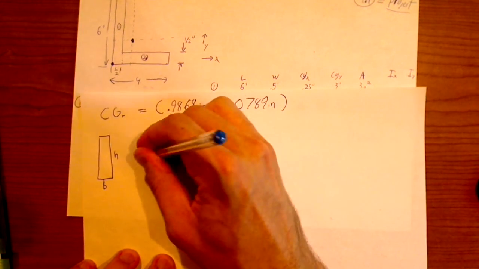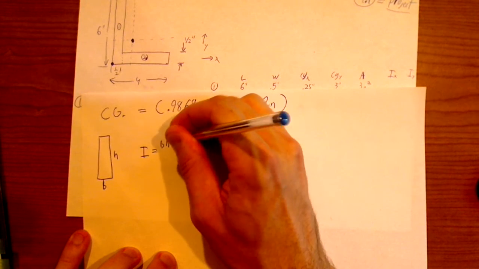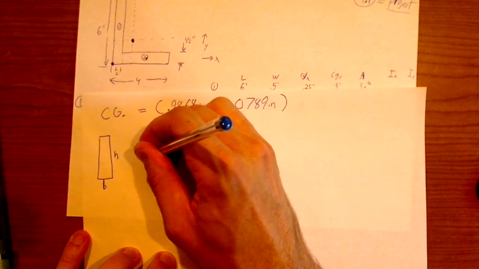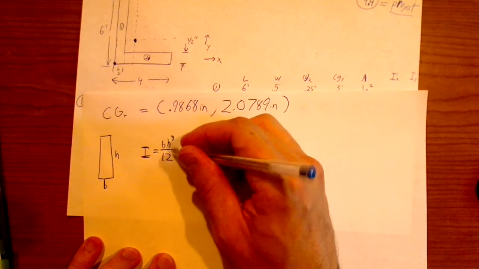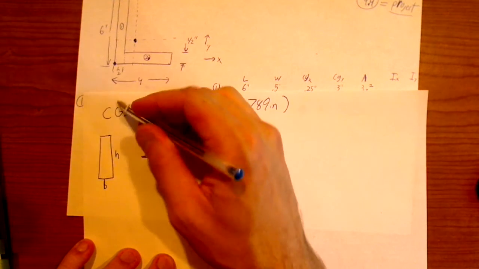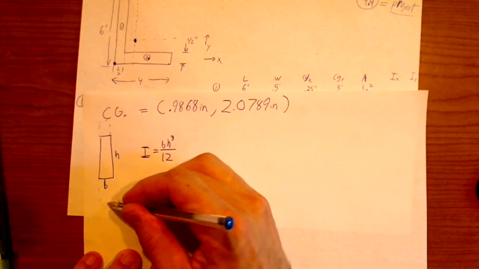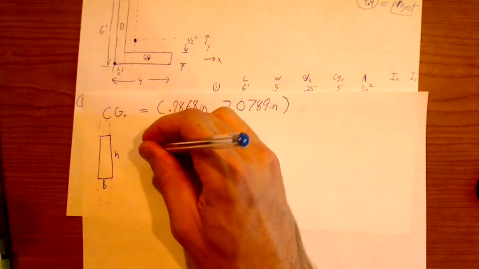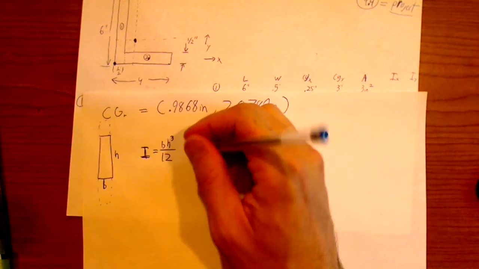And you can tell that because the equation for I is BH cubed over 12. Note the H cubed. That's a big deal. So if you make this thing twice as tall, like if you add a little bit extra area on here, if you go from a 2x4 to a 2x8, at least if they were the nominal sizes they say they are, you would get something that is 8 times stiffer.